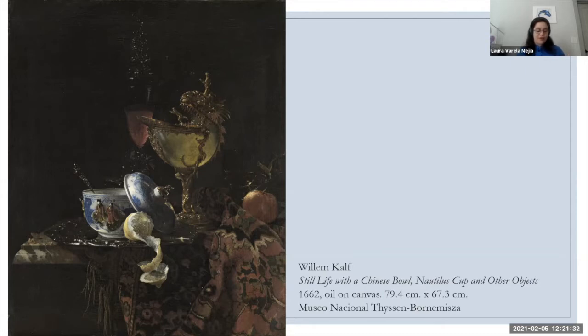You might be able to notice that there's this imported Chinese porcelain bowl, and right next to it is this very arguably extravagant Nautilus cup with decorations made out of gold. But we also have the Persian carpet next to it, and then there's this very carefully posed lemon that's just flowing downwards with its peel.